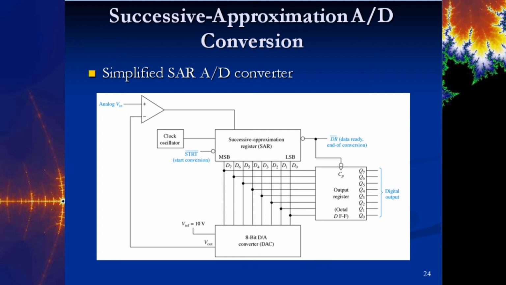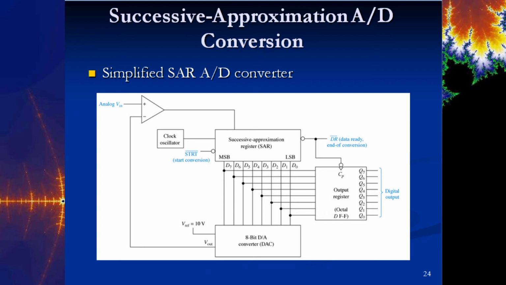So if D7 is high, it will register that over here in this output register. So it's constantly trying a high at each one of these bits, and then determining whether it's a high or a low here. And so eventually you end up with a digital representation of whatever this analog voltage in is.